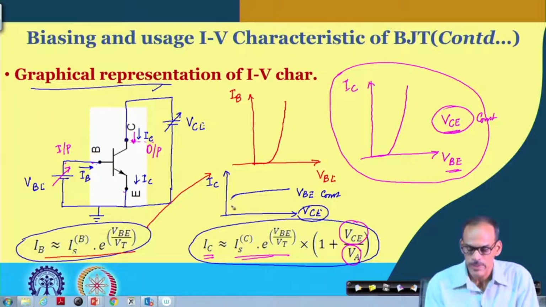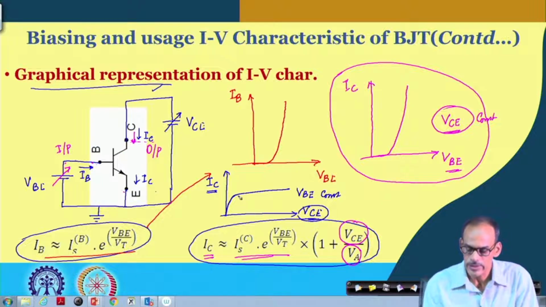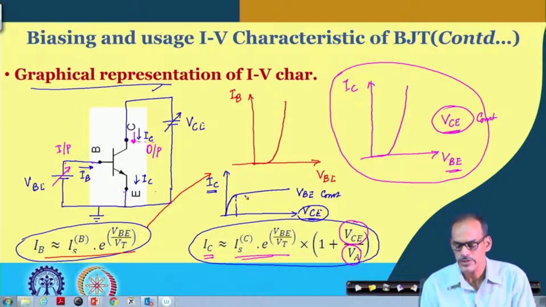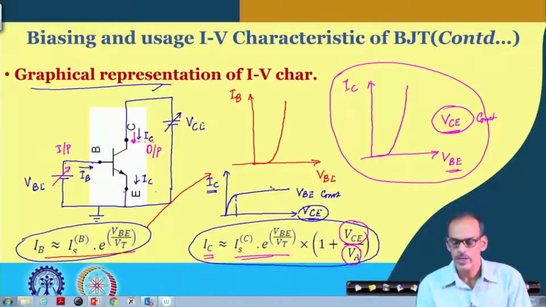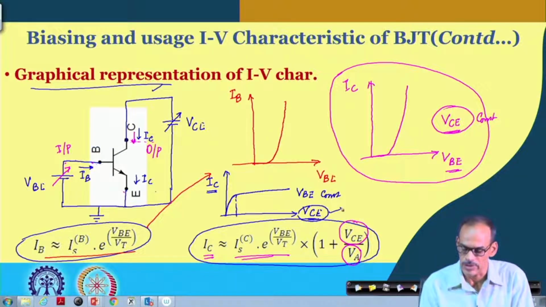In fact, if this voltage is 0, of course, it will go to the origin. So, there will be a big dependency of the collector current on VCE only when this junction is getting forward biased. But till that point, as long as it is reverse bias, we can say that this current is fairly, quote unquote, independent of the VCE voltage, depending on the value of VA.